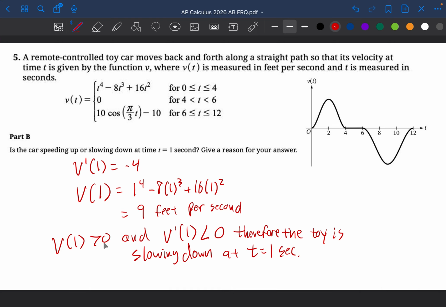We not only have to say why it's slowing down, because v of 1 is positive and v prime of 1 is negative, but we also have to include when it's happening, because at other times it could be speeding up or slowing down. So we have to focus on this one point at t equals 1.